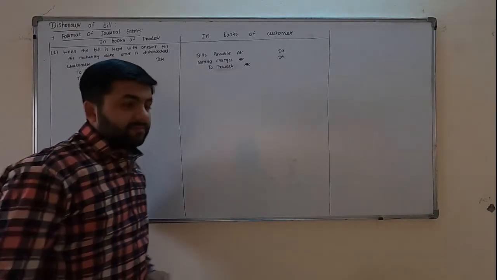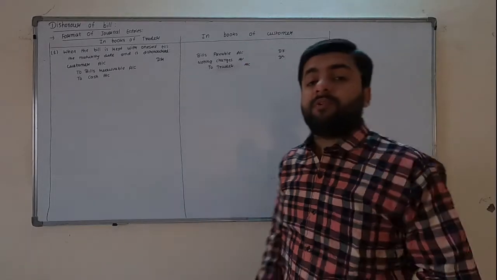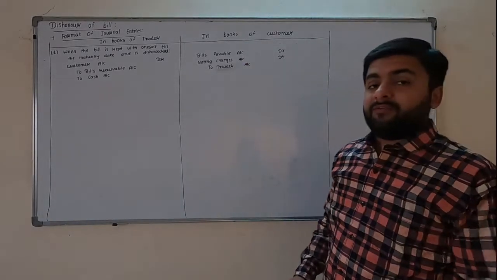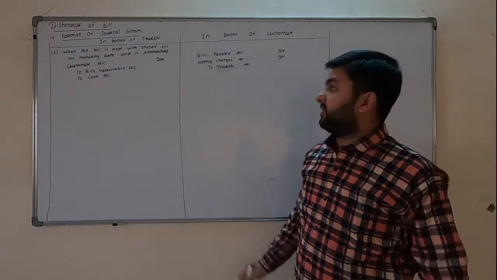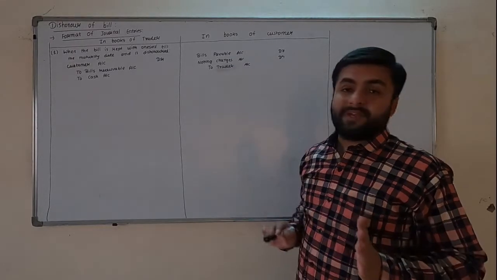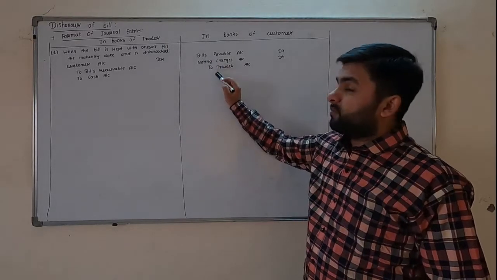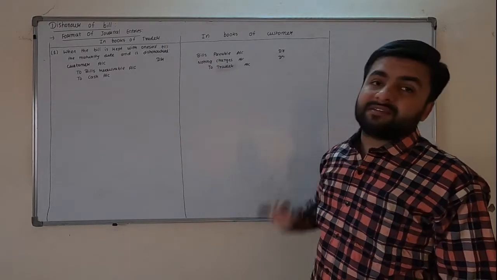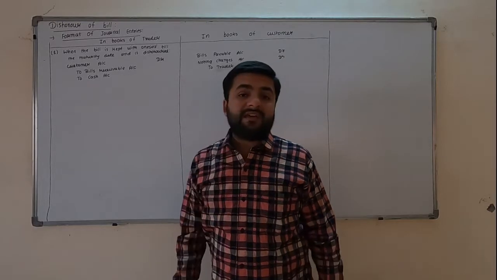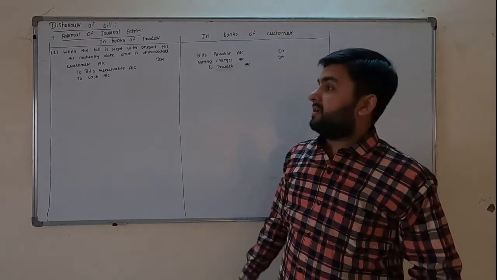Now, why is this entry passed? Again, this entry is the opposite of the second entry. When we are accepting the bill from our trader, then trader to bills payable. Now, the opposite entry will be bills payable to trader, and additionally noting charges are debited. Here additionally cash is credited. What is the reason behind it?